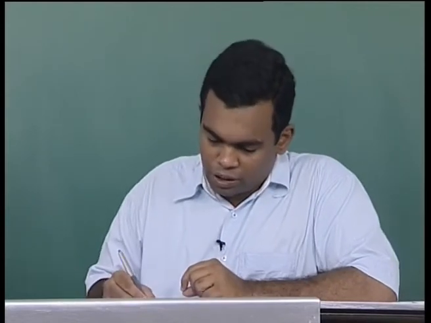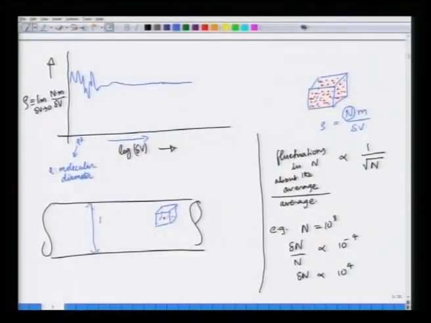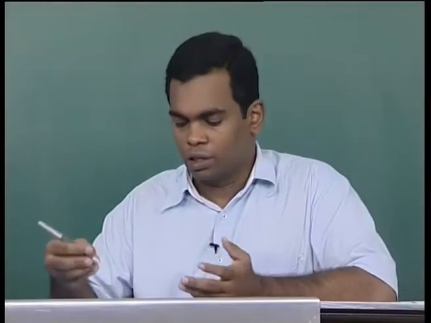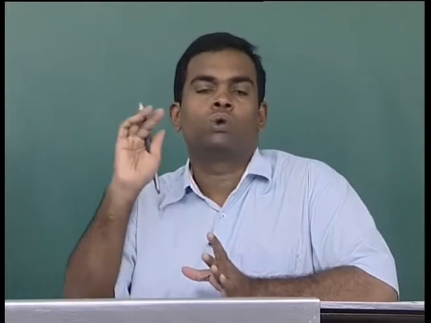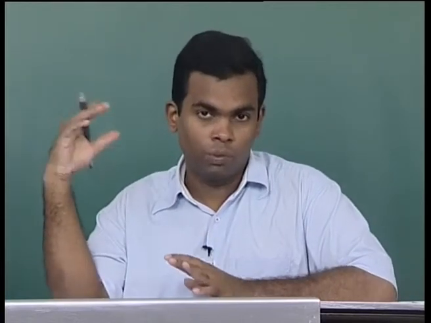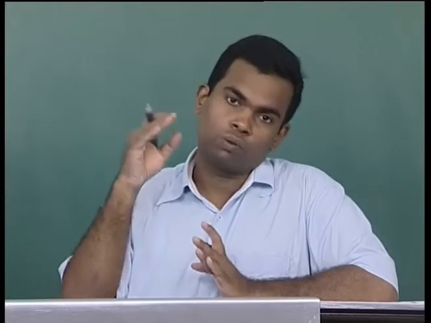Now, clearly and trivially speaking, if this is the diameter of the pipe d, your delta V cannot be proportional to or comparable to d cubed, because then there is no point, you cannot speak sensibly of a pointwise variation of density.